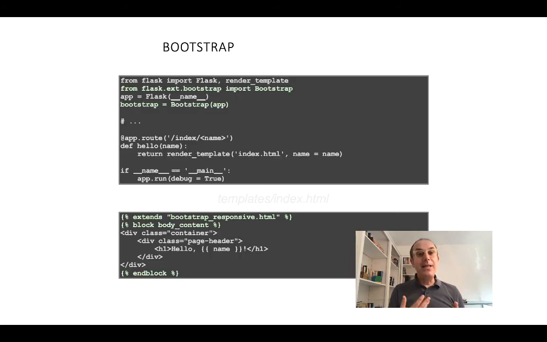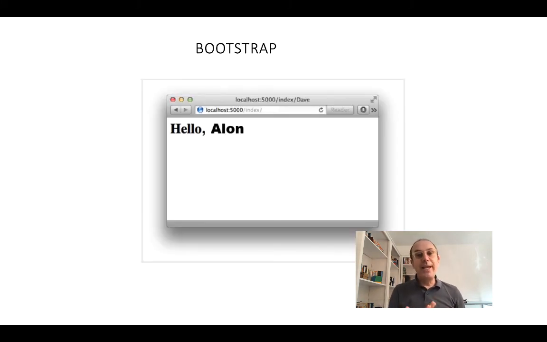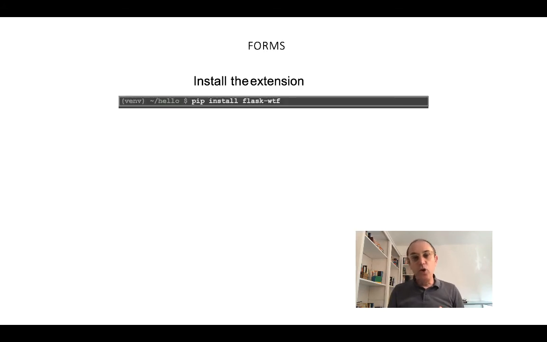The idea here is that you are going to create extensions of the Bootstrap into the response HTML and block body content into it. So you are going to see, for example, it recognizes my name. It can highlight my name, in my case, in bold.